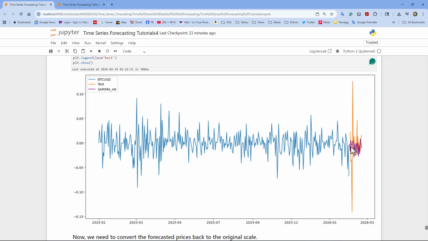We don't know how good it is since this is transformed data from the log of the return. You can also notice that the data originally ranged from a couple thousand to 120,000. Now it's ranging from positive 0.1 to negative 0.1.